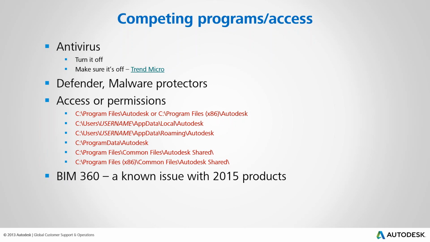Well, sometimes it'll go in and clean out things you don't want it to clean, so that can cause issues. Any sort of defenders or malware protecting programs, those could potentially block the software from being able to do a successful install. So things like that's what we're talking about with the competing programs.